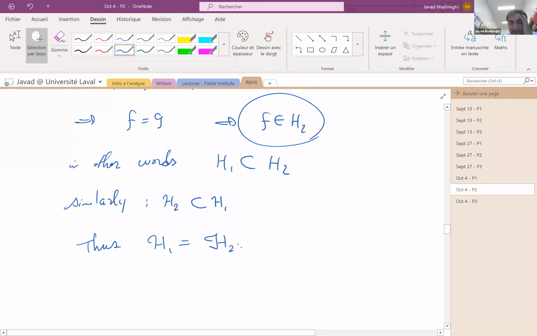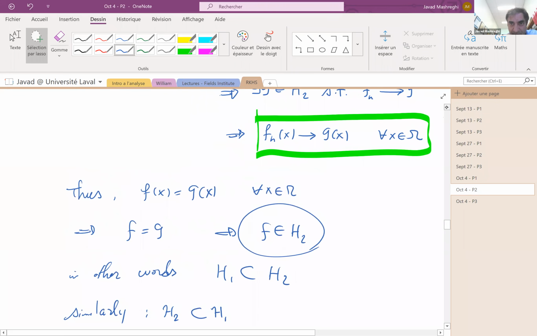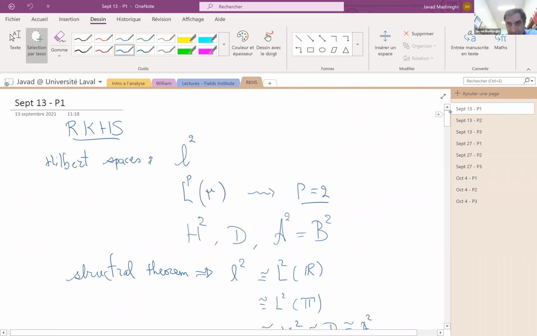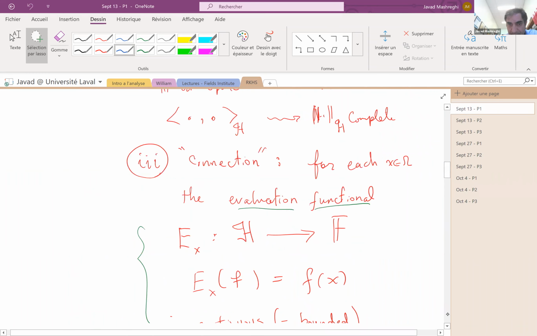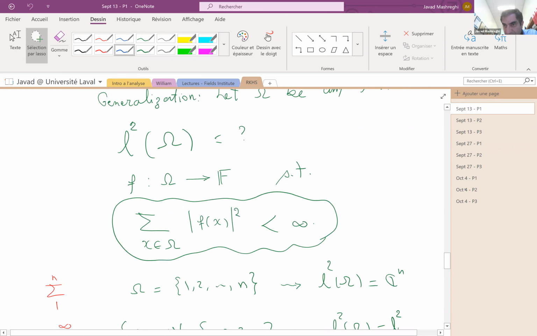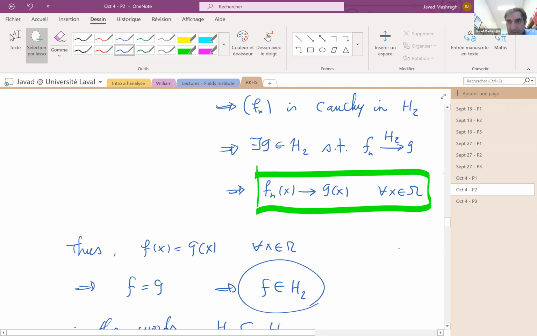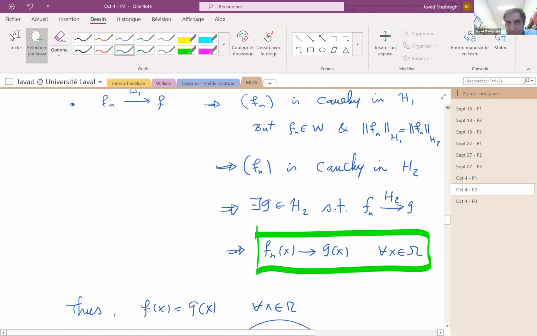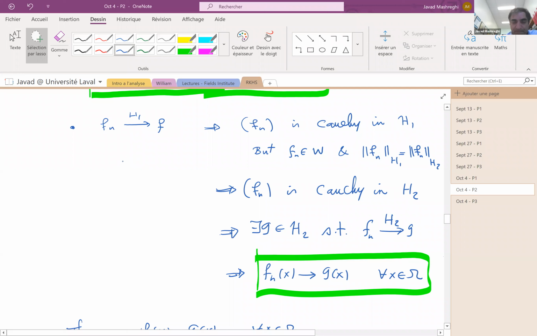And indeed, more than that, it's hidden in the proof that H1 is a subset of H2. The same sequence which goes to F in H1 goes to F in H2. Remember, G is equal to F. I just proved that.